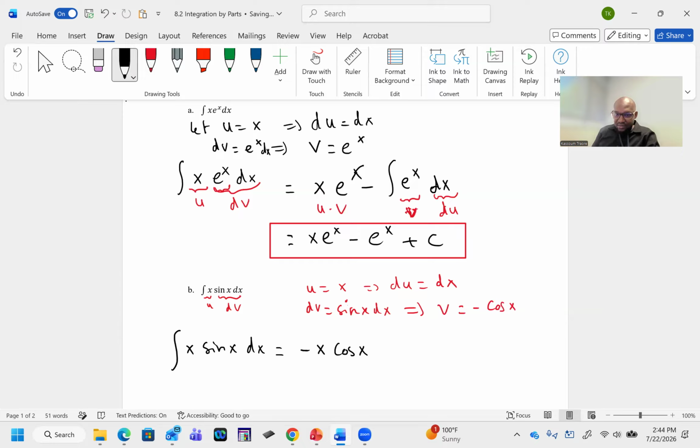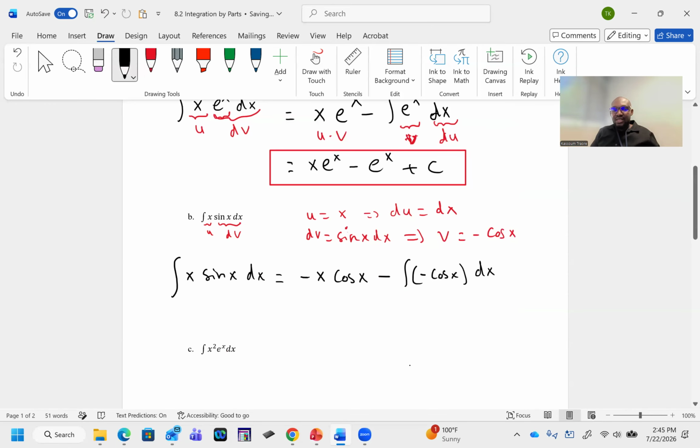Because x times negative cosine x will be negative x cosine x, minus the integral of v du, dx, right? Negative and negative will be positive. What is the antiderivative of cosine x? That is sine x plus c.